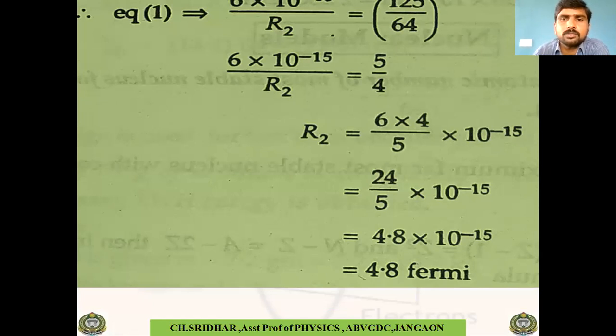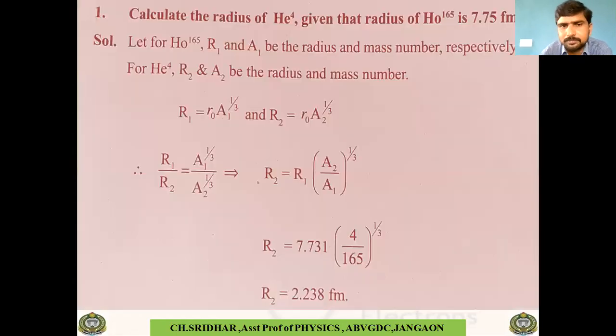So R2 is equal to 6 into 4 divided by 5, that is 24 by 5, which is 4.8 Fermi. If a nucleus of mass number 125 has a radius of 6 Fermi, then a nucleus of mass number 64 will have a smaller radius, 4.8 Fermi.